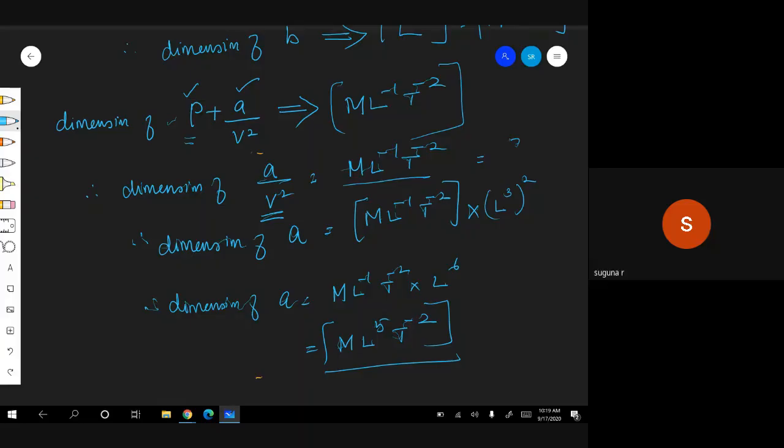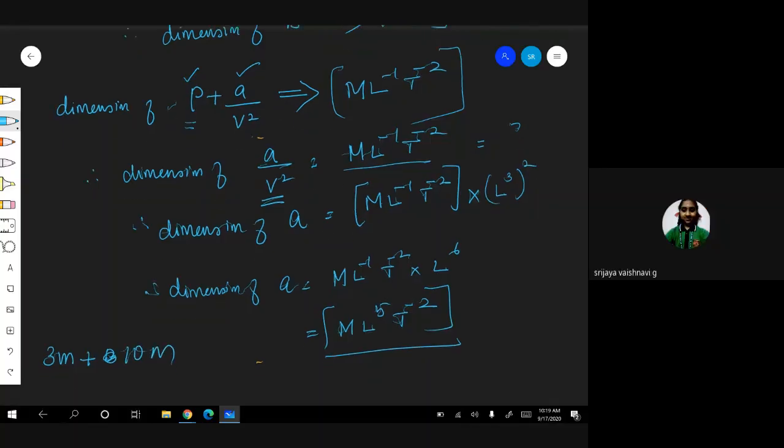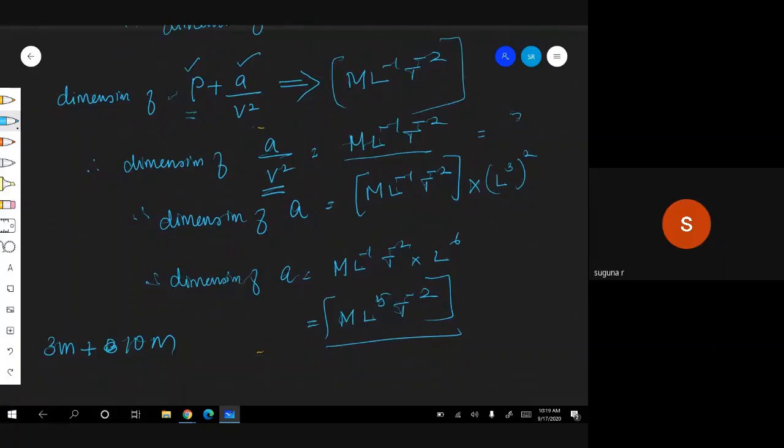I think I have explained very nicely. 3 meter can be added to 3 meter, only 5 meter, 10 meter, whatever. Whether it is understood?